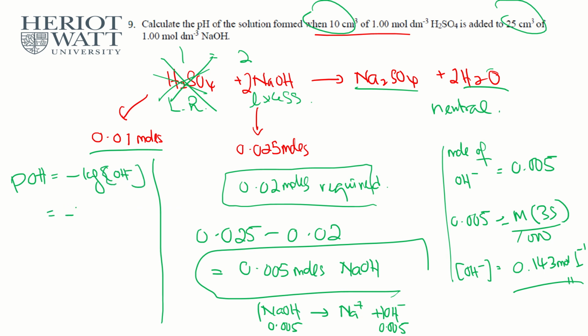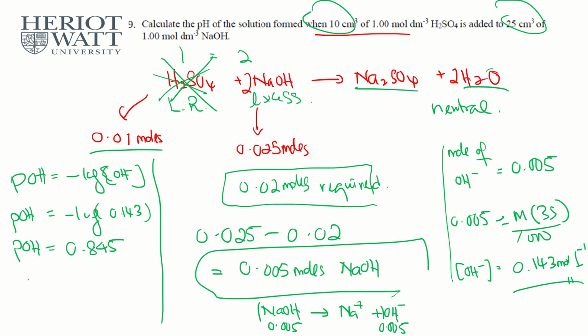And then put it in, minus log 0.143. You will get your pOH equals 0.845.